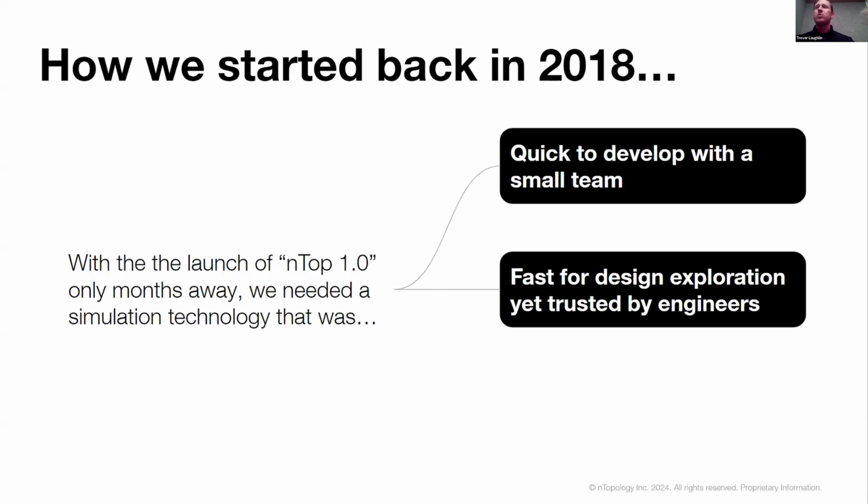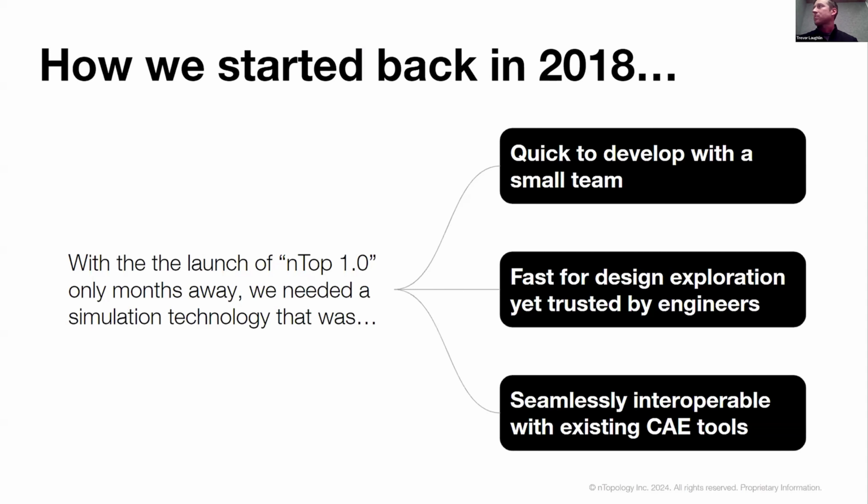We're not saying, use nTop to do your CAE validation for something else. It's providing simulation tools in nTop so that it's more accessible to do those kinds of analyses in the loop. So we wanted something fast, but we also know that our customers, who are engineers, need to trust their tools. So we're trying to find the right balance of speed and accuracy and reliability.